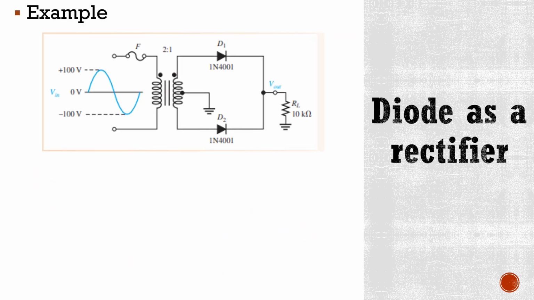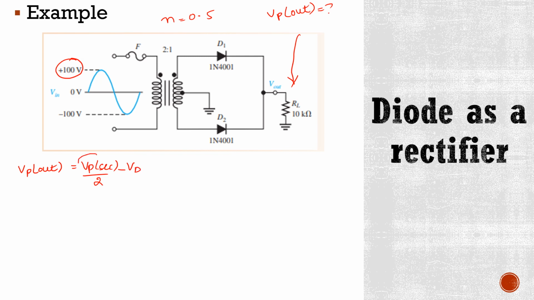Now look at this example. If this is a transformer coupled full wave rectifier where the turns ratio is 0.5 and the input voltage is 100 volts, then what is the peak output voltage across this resistor R? So we know that the formula of peak output voltage is peak secondary voltage divided by 2 minus voltage drop.